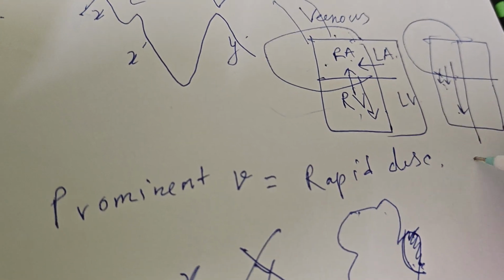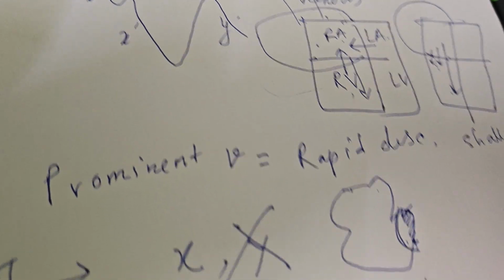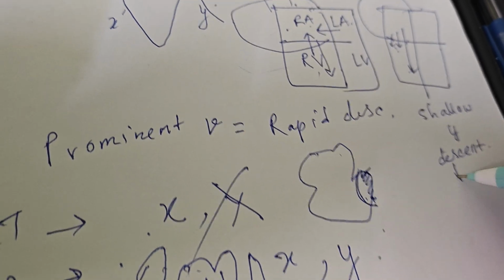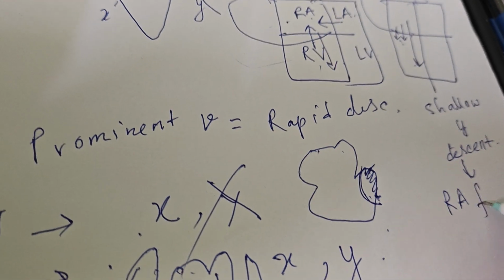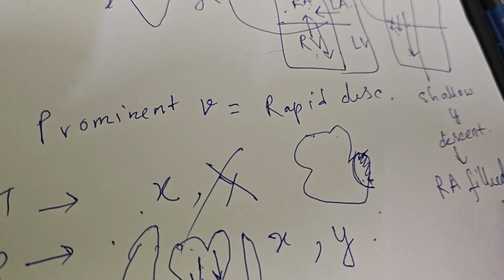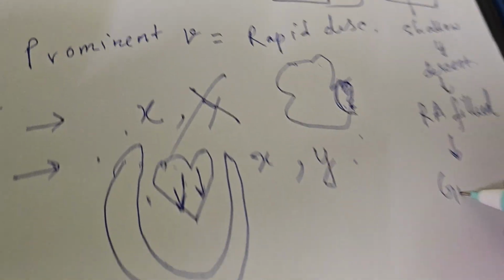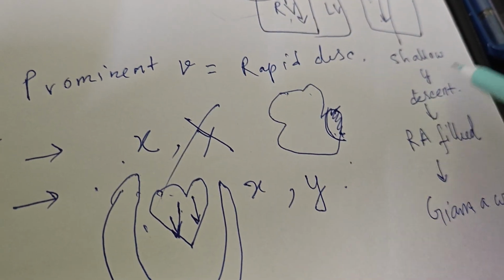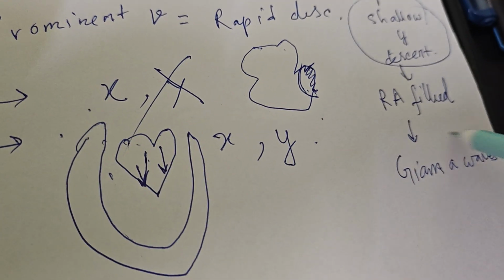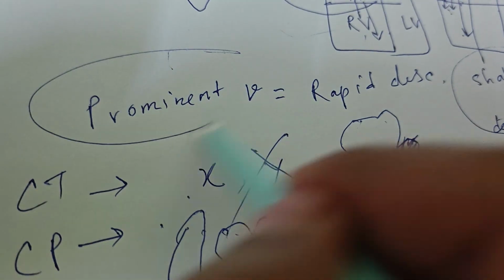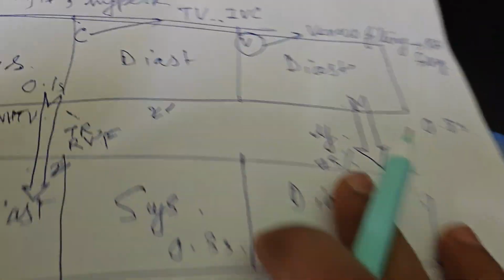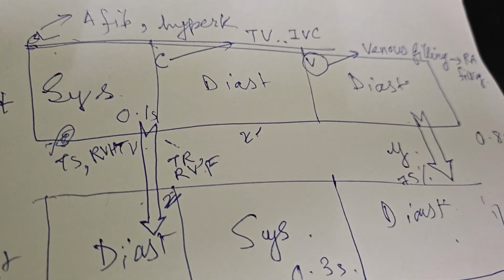So in those conditions you will find a shallow Y descent, and you will have an RA that is already filled. So in the next cycle you will have giant A waves. What I mean by this is, any condition that causes a shallow Y descent will have giant A waves. Any condition that has a prominent V will have a rapid Y descent. These are all explained in this picture. If you learn the A, C, V, X, Y in this manner, it will be much simpler to understand.